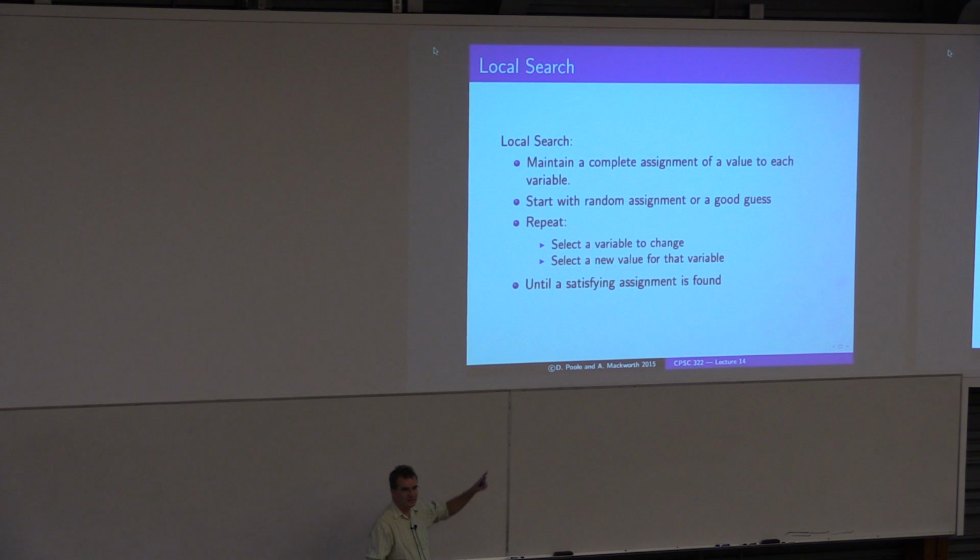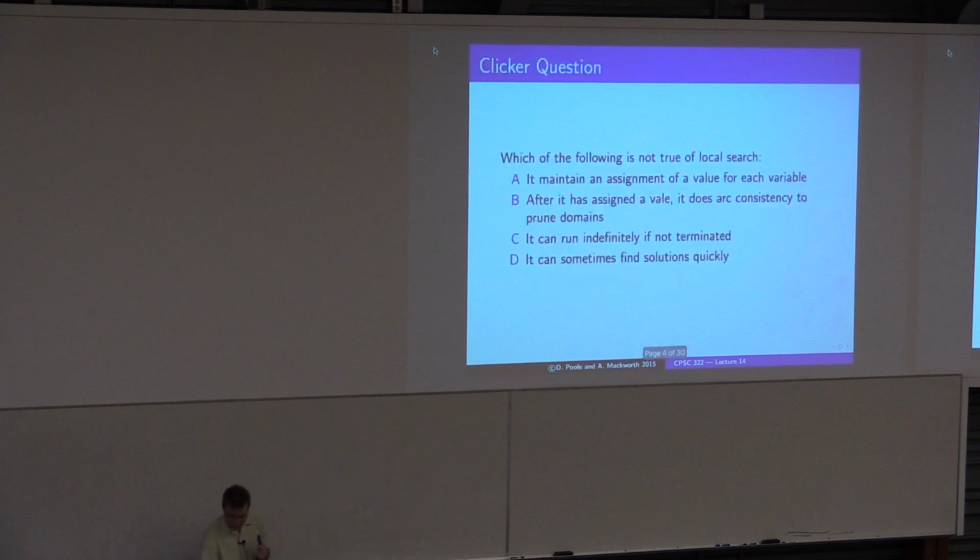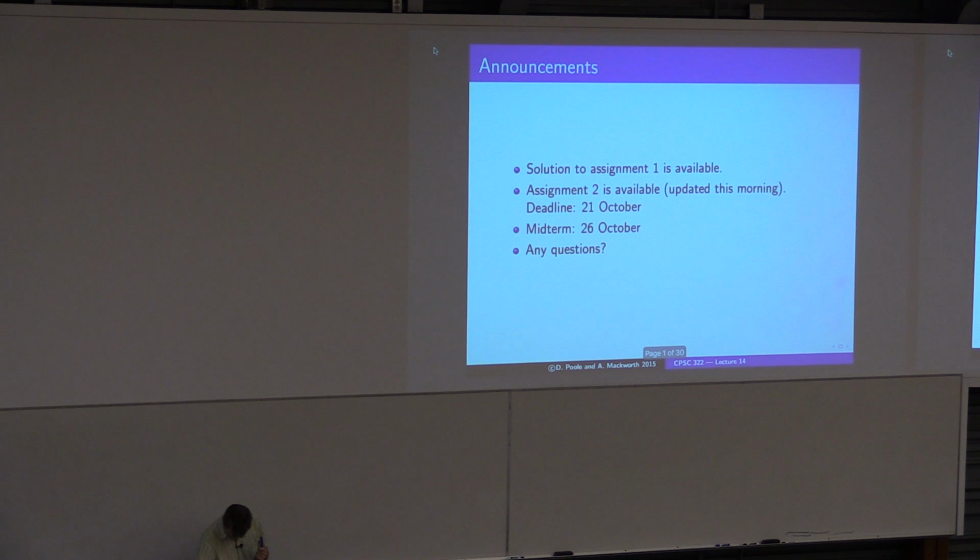So here it's a very simple step. All we're doing is selecting a variable to change, and selecting a value to change it to. So we just choose a variable, change it. Choose a variable, change it. Right? Arc consistency makes no sense. It doesn't appear here at all. It makes no sense because you don't have any domains. We just have one assignment of a value to each variable.